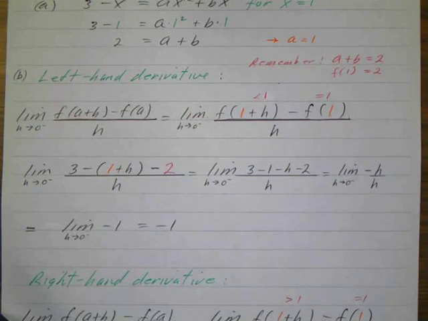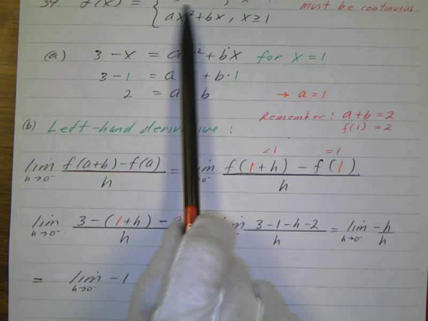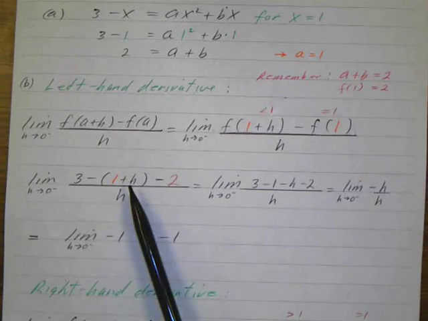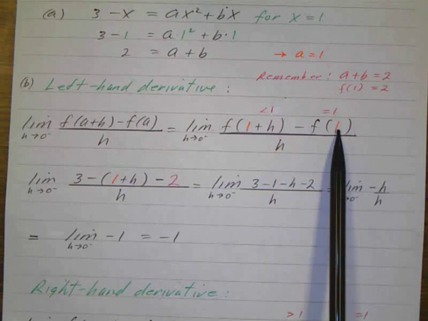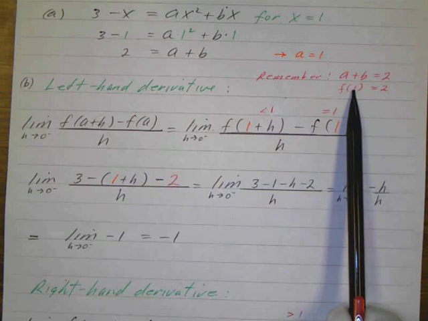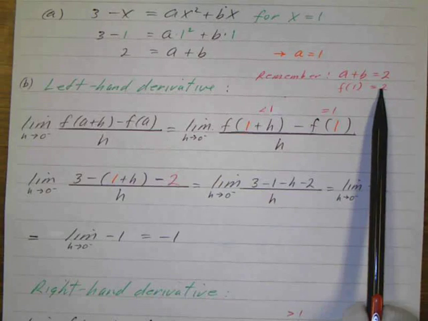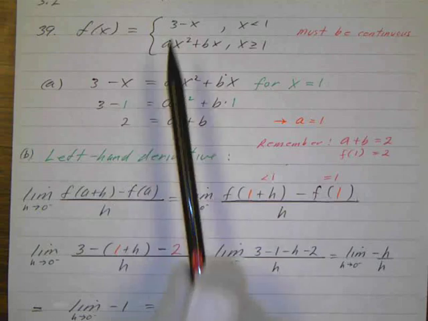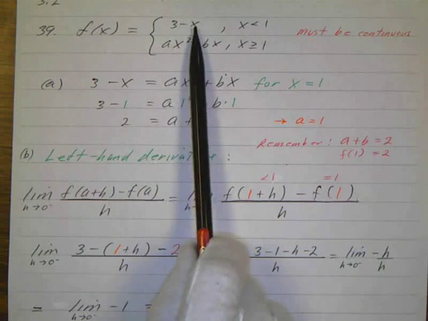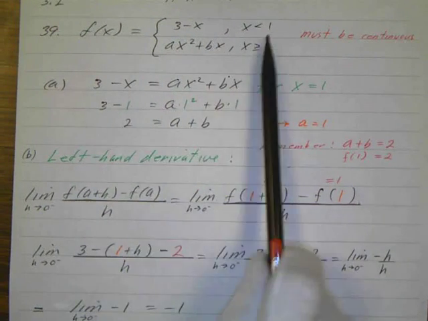So I use the function 3 minus x. And we already asserted that f of 1 must be equal to 2 in order for it to be continuous. We're assuming it's continuous, so f of 1 must be 2, since 3 minus 1 equals 2.